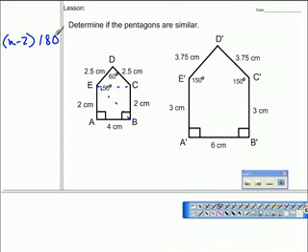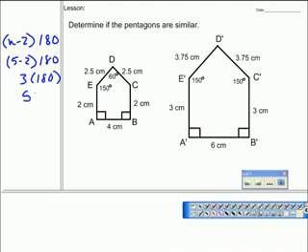So both of these are pentagons. And since we're working with triangles, we can use some of those properties of similarity. Since it's a pentagon, it has 5 sides. I can find that each pentagon, no matter what, has 540 degrees inside of it. Which means what?